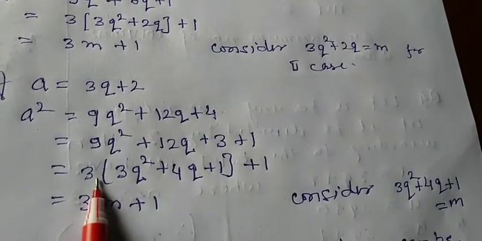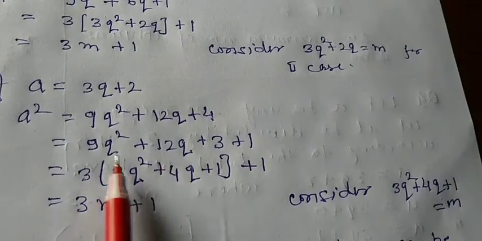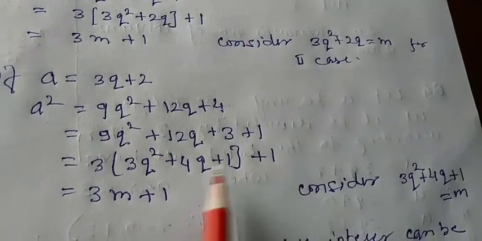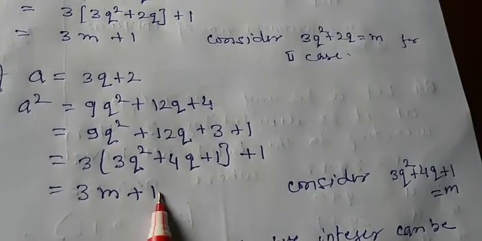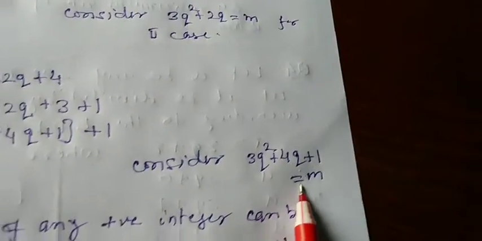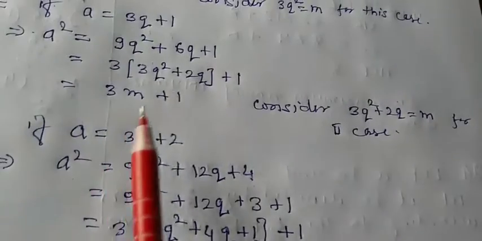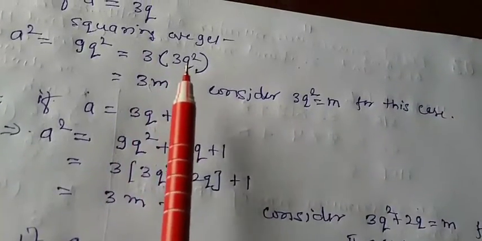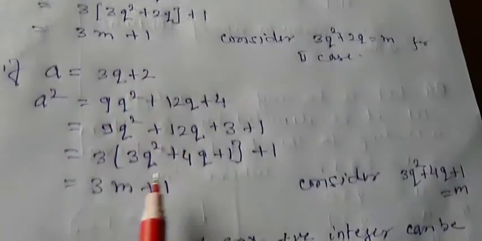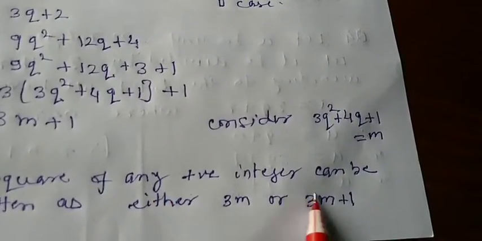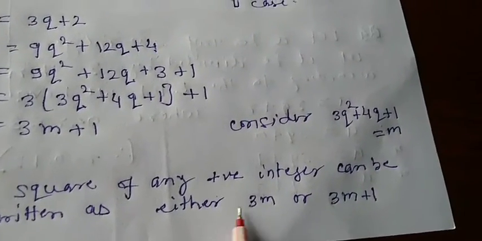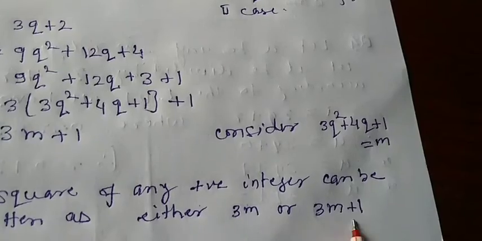Here we can take 3 as common and plus 1 at the last, and take the rest as m, so we get 3m plus 1. So in this way, if we square the number we get either 3m or 3m plus 1. So the square of any positive integer can be written as either 3m or 3m plus 1.